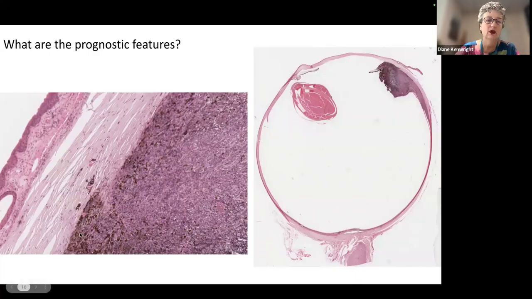So as we look here at low power, apologies for the slightly out of focus photo, we have the sclera, and we can see it's probably extending by direct extension into the sclera, but has not gone through here. And these little pigmented areas could well be macrophages around the vessels.